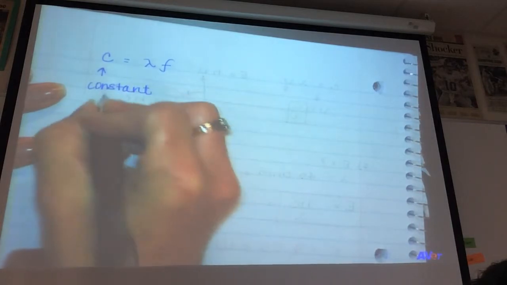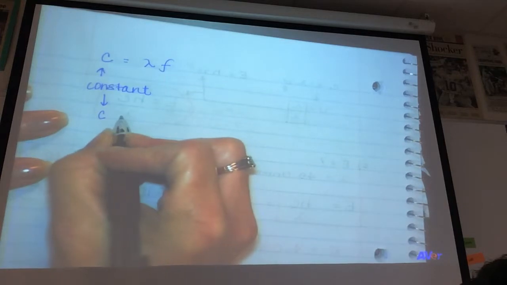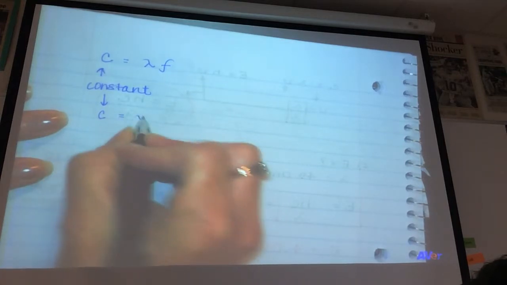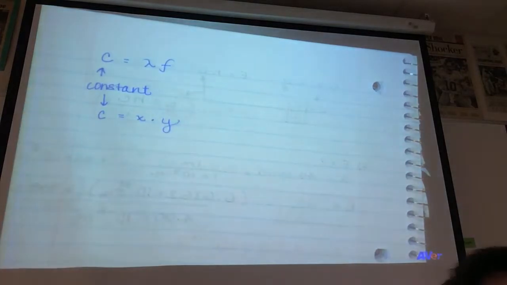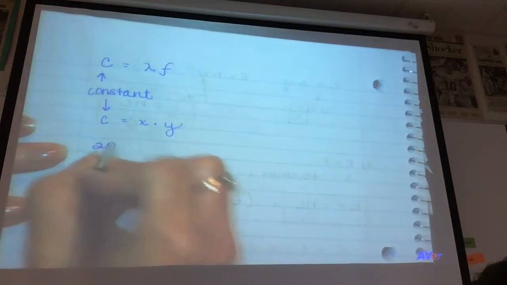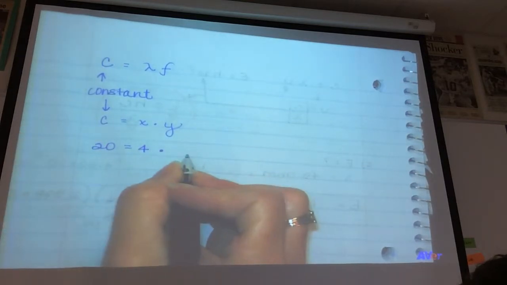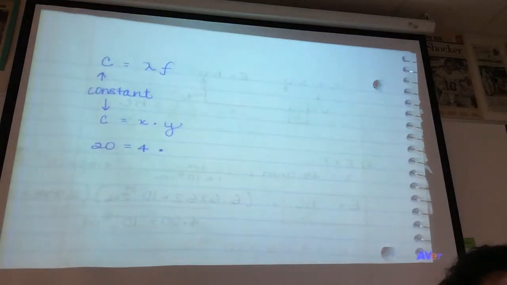So if I set up any old equation where the constant is equal to x times y, and let's say my constant is 20, and we're going to set x at 4. What would y be? 5 is correct.